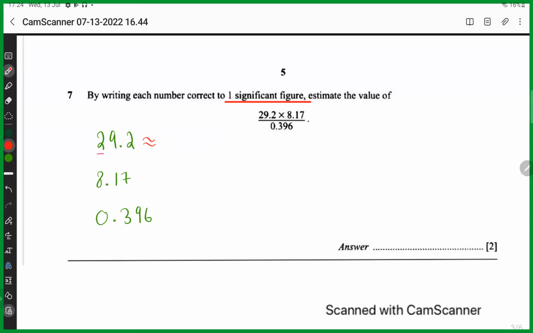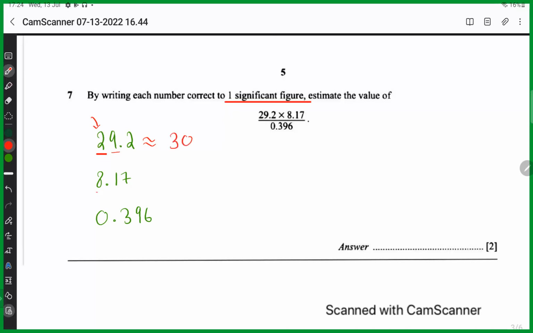The first digit is 2. I need to focus on the number written after 2, that is 9. Now 9 is certainly greater than 5. So this would become 30.